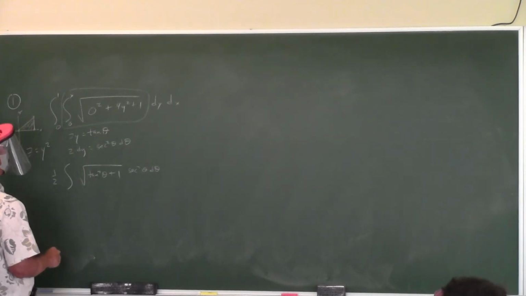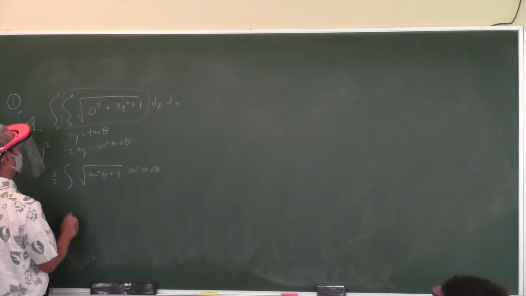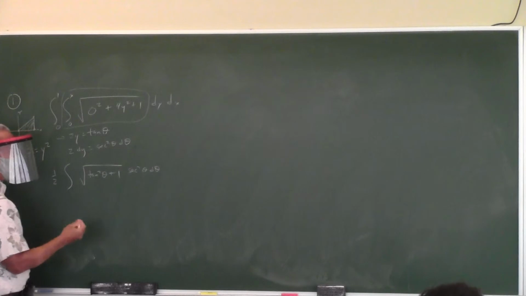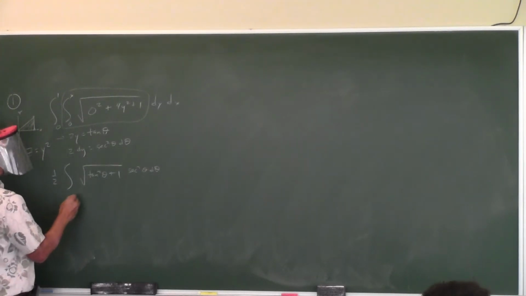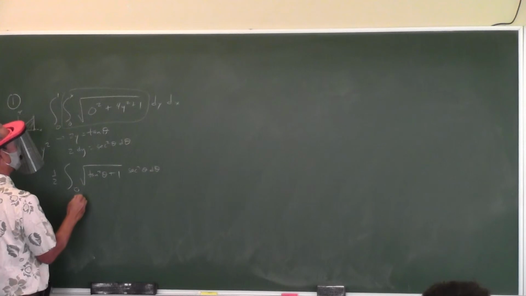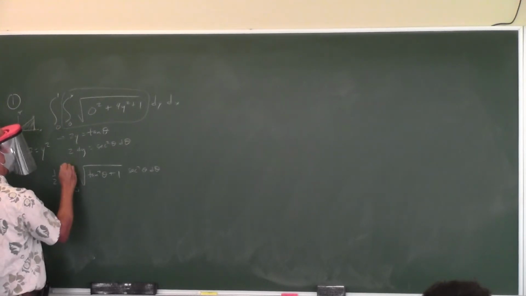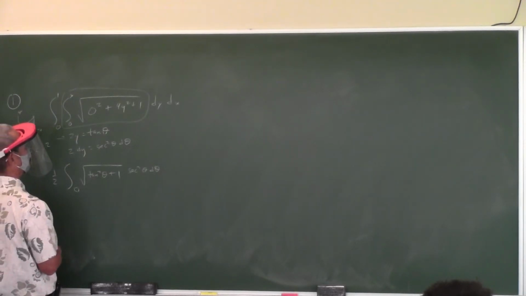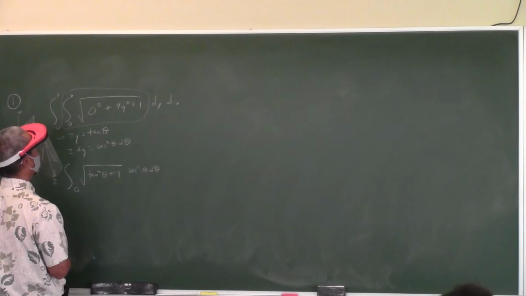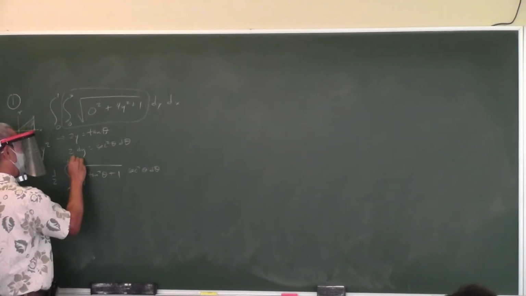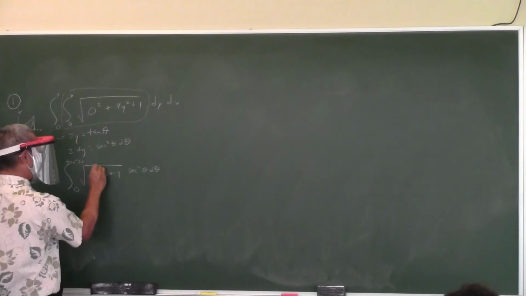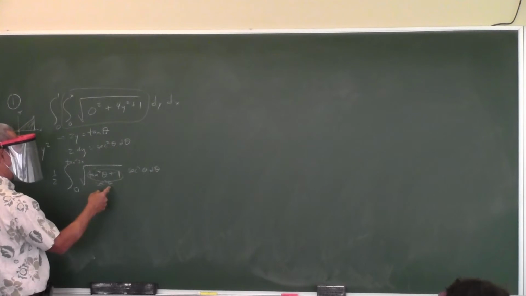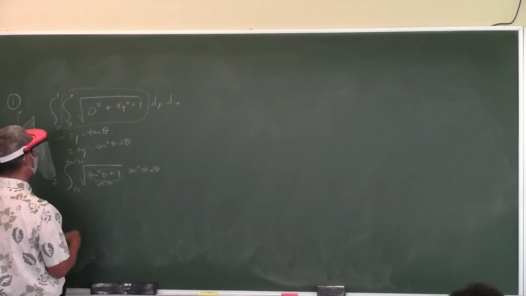Whenever you make a substitution, the limits change, right? 0, and for y equals x, you're plugging in the x for the y: tangent inverse 2x. So this of course is secant squared theta. Square root of that is secant theta, because from 0 to this we're assuming it's positive, right?